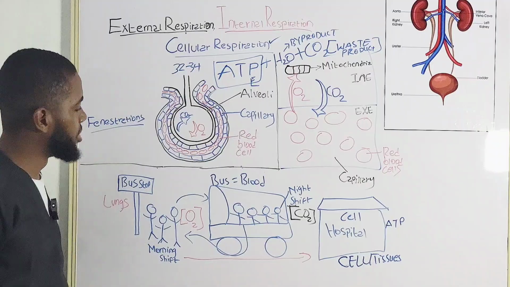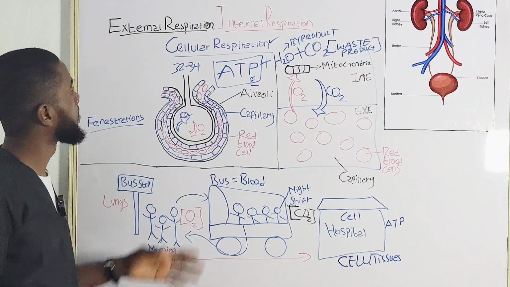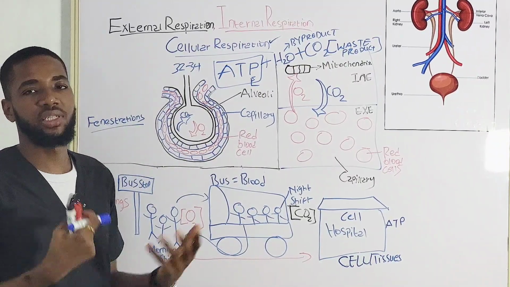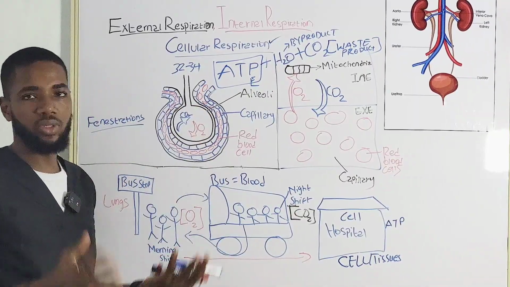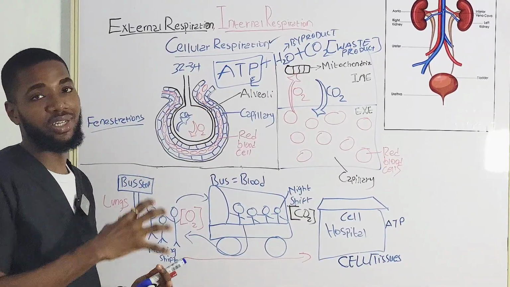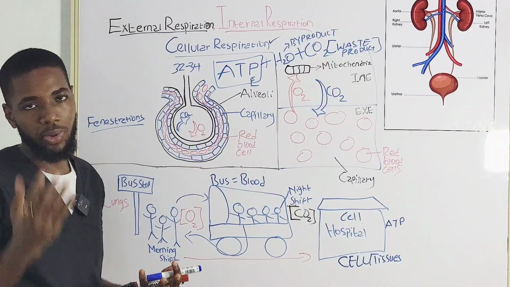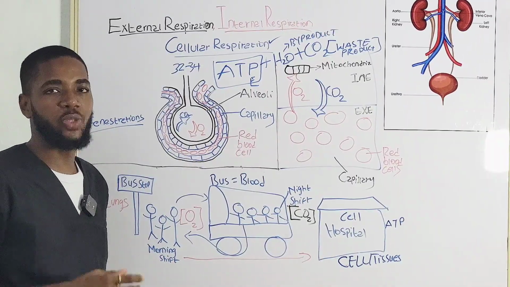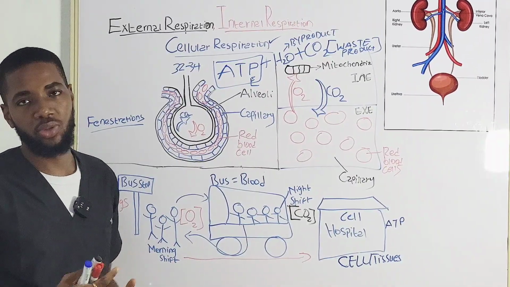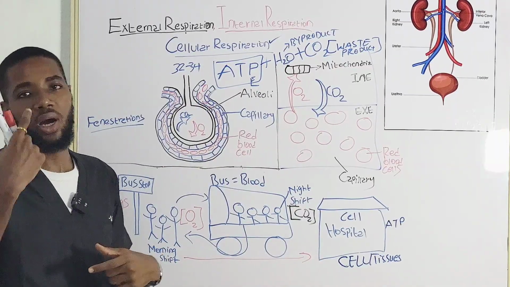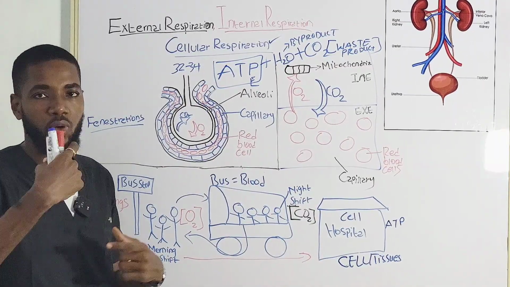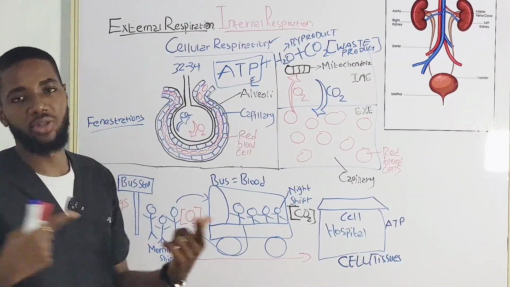So in summary, external respiration is the exchange of gases between the alveoli located in your lungs and the blood. Internal respiration is the exchange of gaseous molecules, that is CO2 coming out from the cell into the blood, while O2, oxygen, is going from the blood into the cells or tissues that need them.